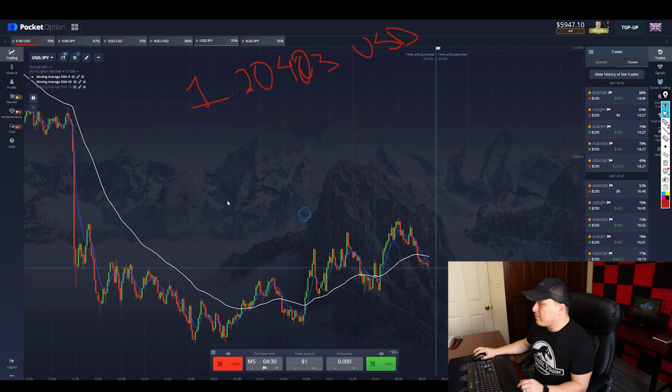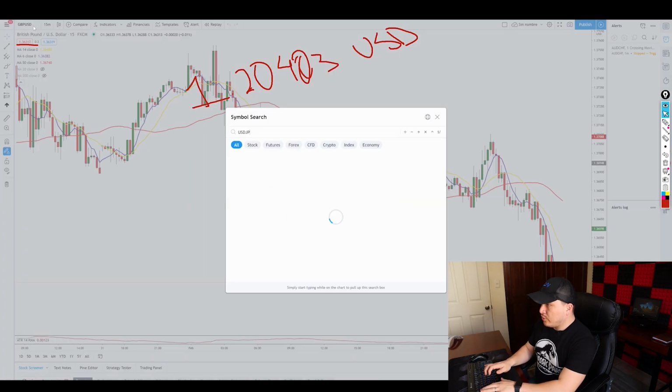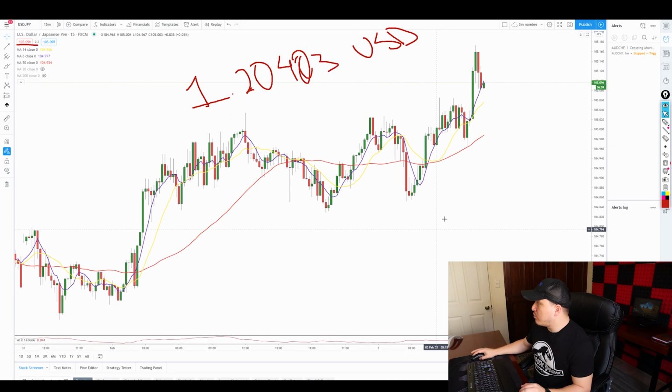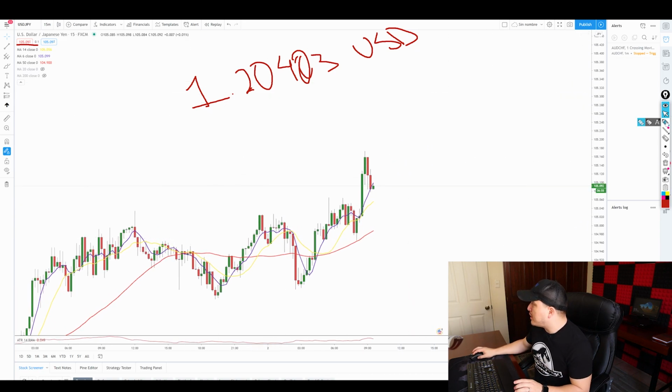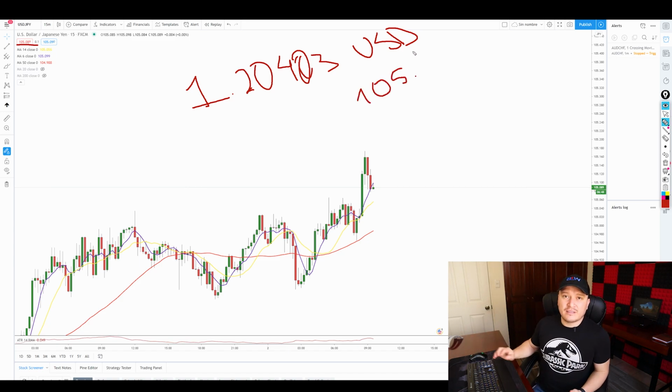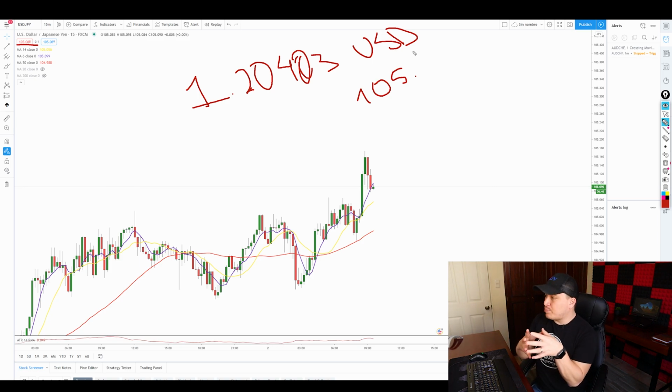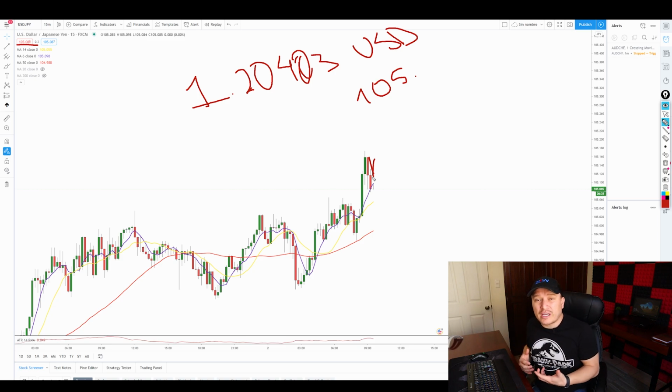I don't know why it's taking forever. Okay, so I'm gonna go to tradingview.com because for some reason it's not working out. Okay, so if we go in here, we see that one single dollar is actually 105 Japanese yen. Since the price is a little bit different, 10 pips in here is basically, in Euro USD, like 2 pips. Okay, so that's basically what moves the market, the value of one currency towards the other.